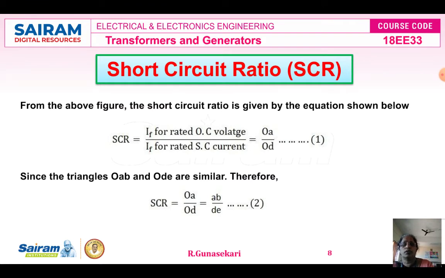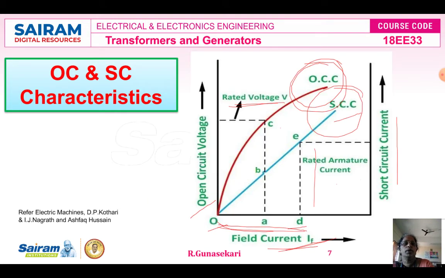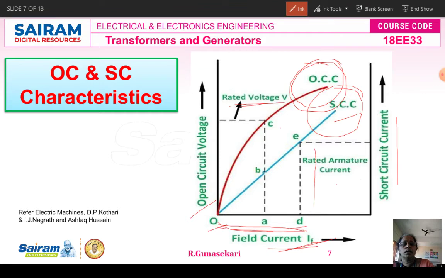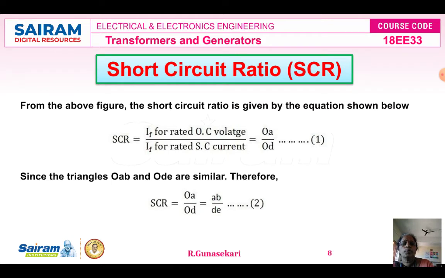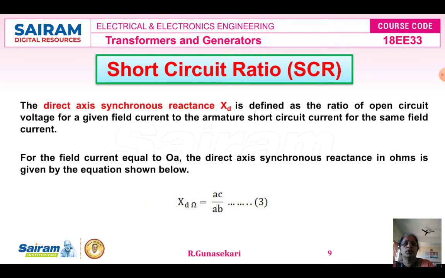This is equation number 1. Then we consider the triangle OAB and the triangle ODE. These are similar triangles. So the short circuit ratio equals OA divided by OD equals AB divided by DE from the characteristics curve. This is equation number 2.